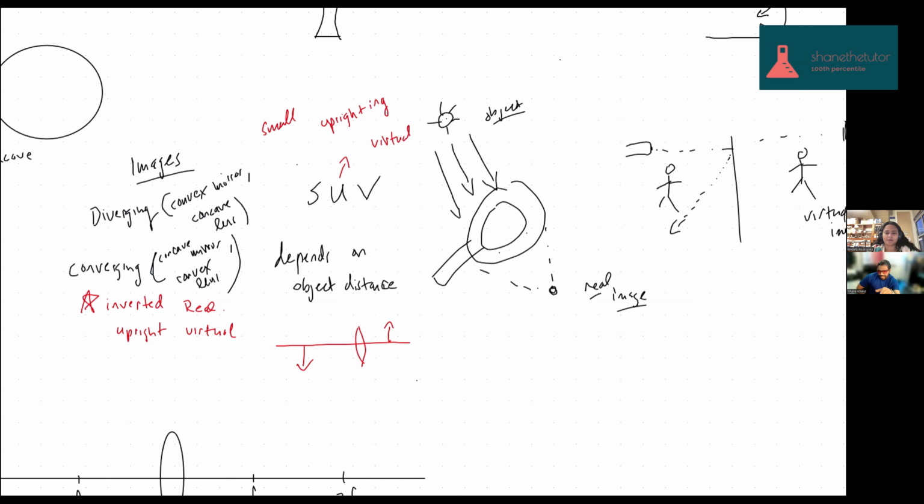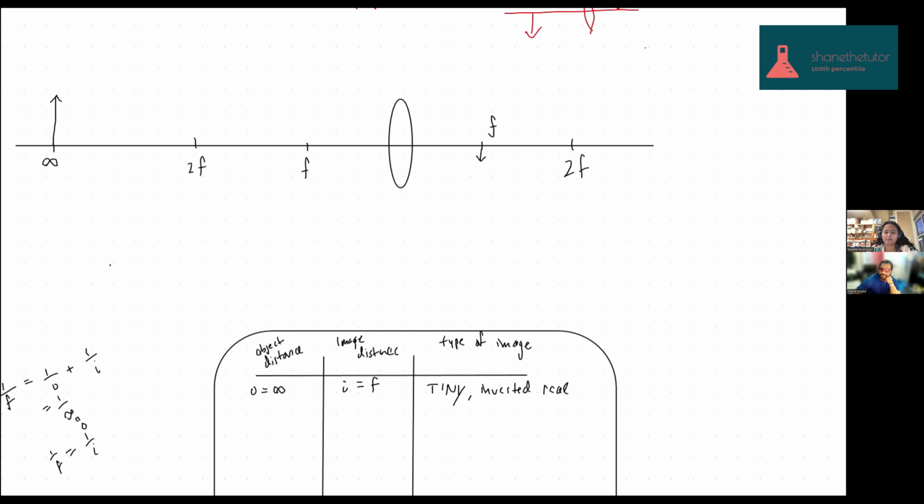So you'll get a very tiny inverted real image over here. I'll write the f up top.